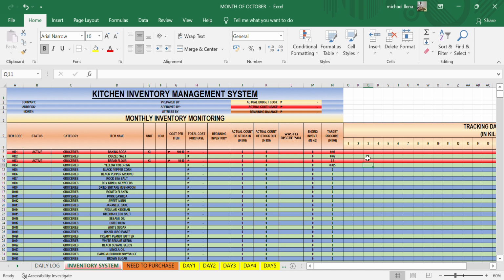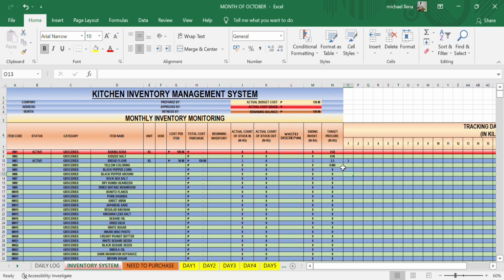Every time you put entries here from day 1 up to the 31st, that will be the final inventory. For example, bread flour: you need 2.5 kilos, but you ordered 3 kilos. It will turn to blue, because you have an amount higher than your target.